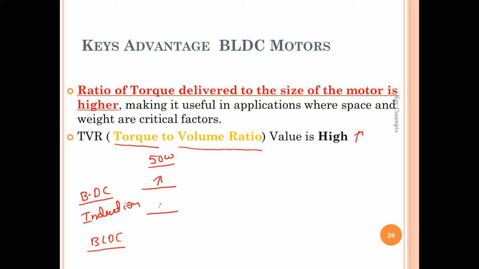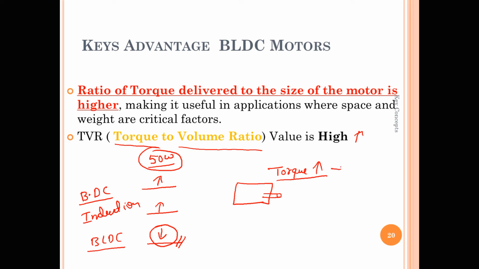The induction motor size is also big, and if we talk about the BLDC, the size of the motor for the same power rating is lesser. So what it means is that in a very small size we can achieve a high torque value.